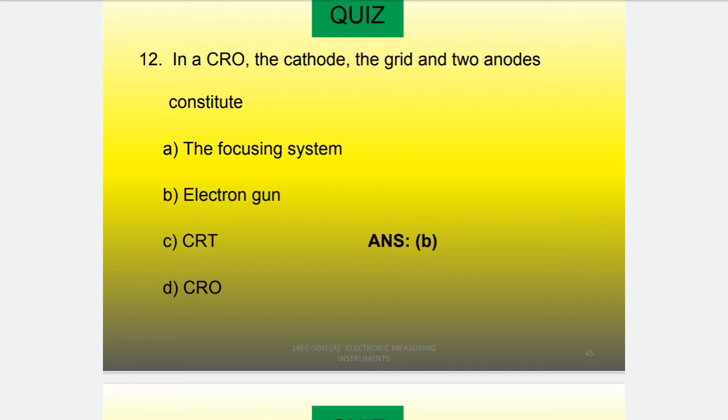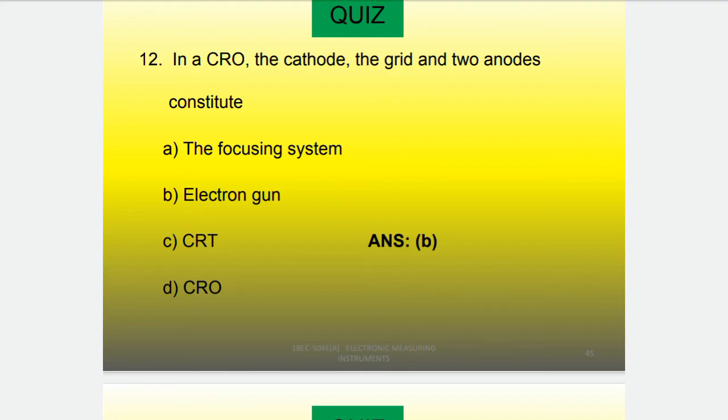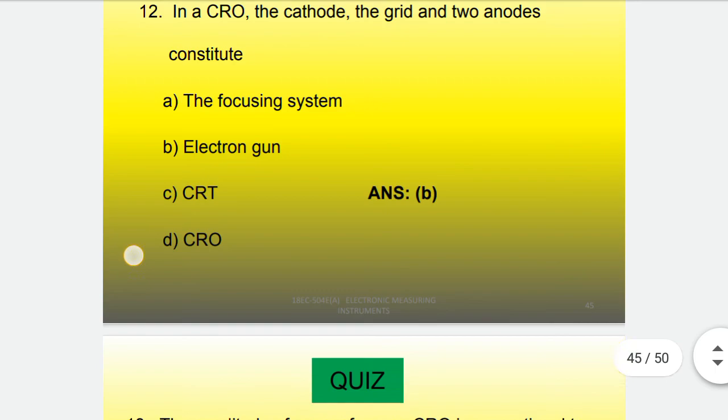In a CRO, the cathode, grid and two anodes constitute the electron gun. The electron gun is in CRT. The answer is B, electron gun. That means the electron gun has cathode, grid and two anodes. You can see in the figure.